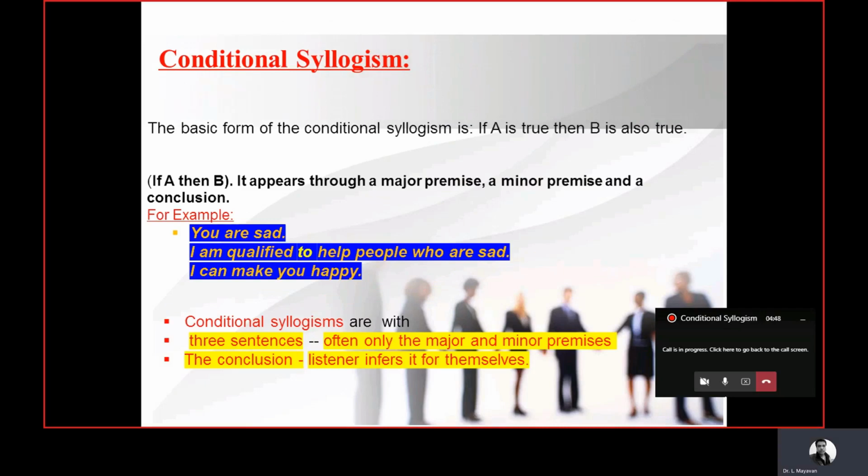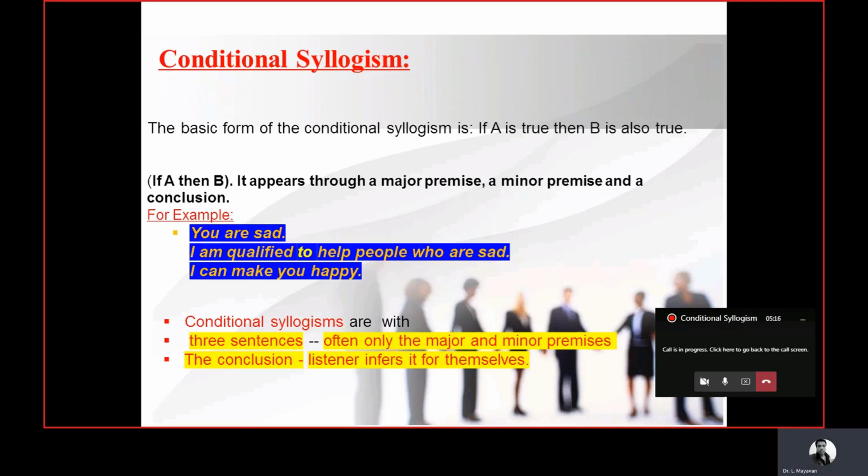Basically, the basic form of the conditional syllogism is if A is true, then B is also true. If A, then B. It appears through a major premise, a minor premise, and a conclusion. For example, you are sad. I am qualified to help people who are sad. So I can make you happy.